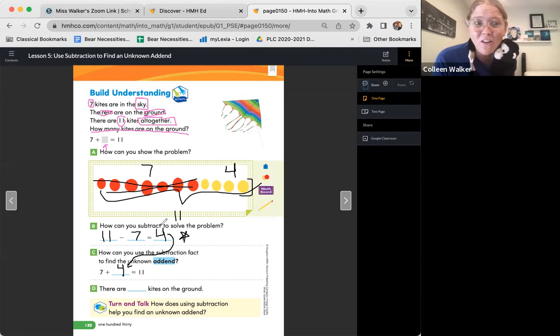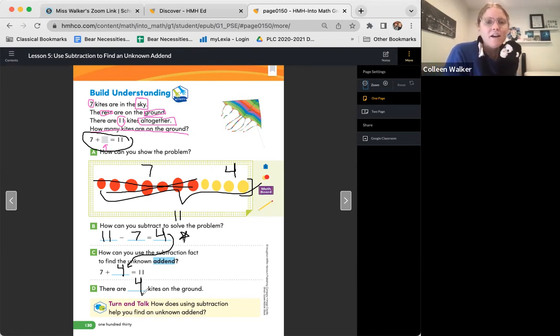That's so cool. So when we solved this and we said 11 minus 7 equals 4, that answer was actually the addend that we were missing way up here. Super cool, friends. So how many kites are on the ground? We already said 7 in the sky. How many on the ground? Yes, there are 4 kites on the ground.